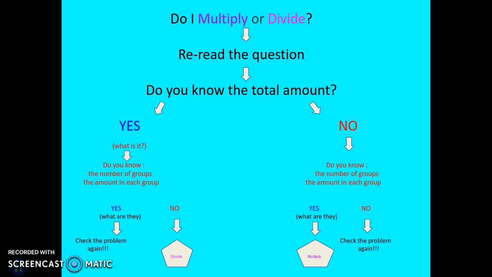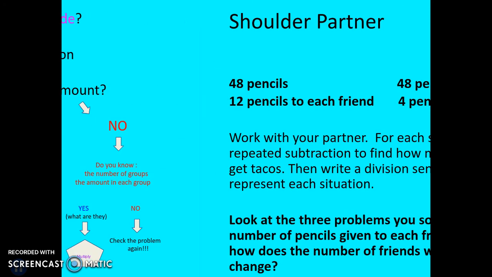So hopefully that'll help you understand whether or not you need to multiply or divide based on the information that's given in the problem. But it's so important to reread that question. Anytime I have a question, I always read it at least twice, sometimes more, making sure I have the information correct in my mind before I start trying to solve the problem.